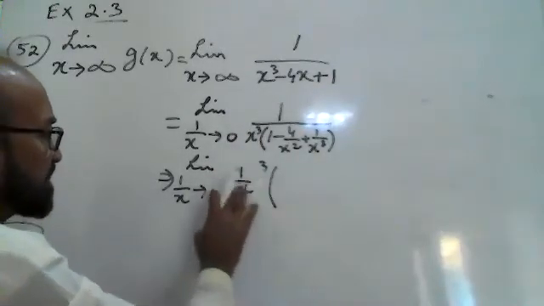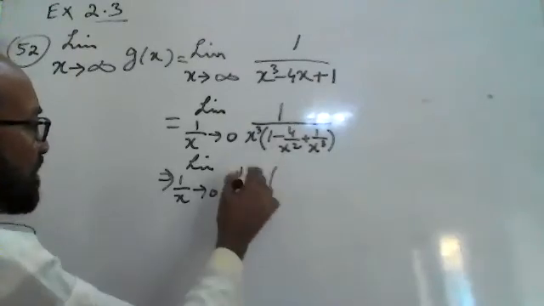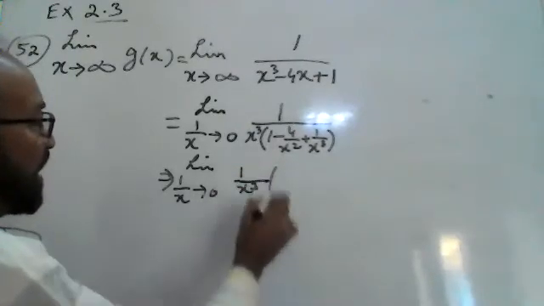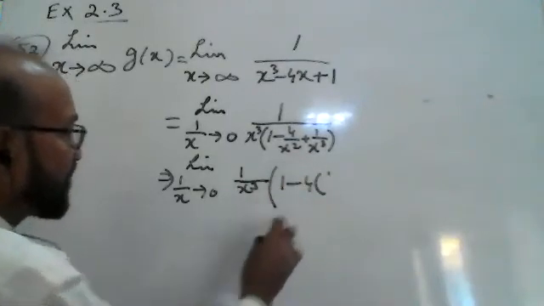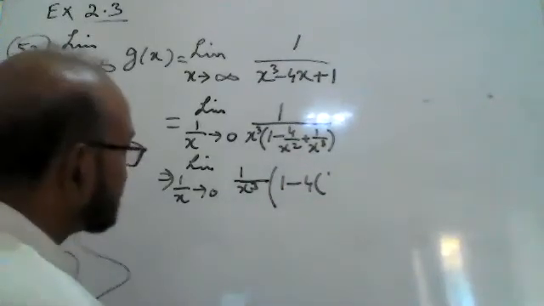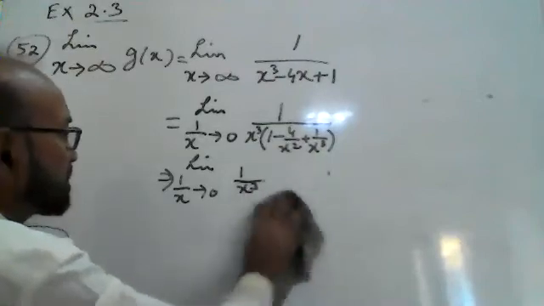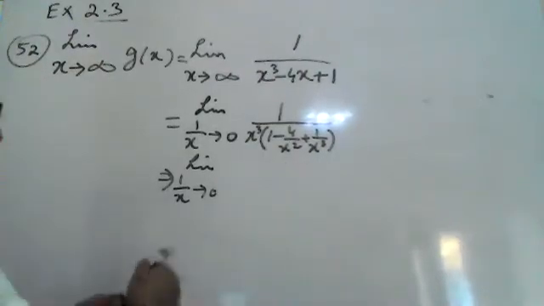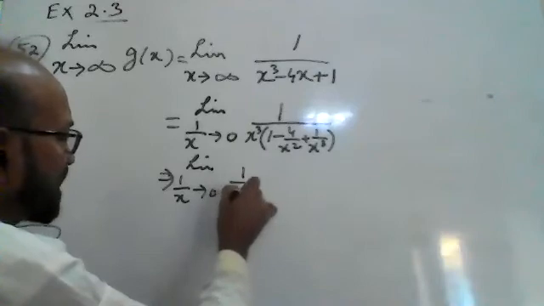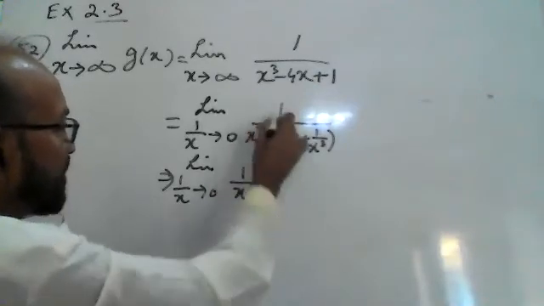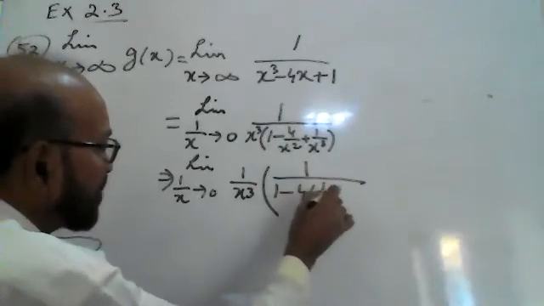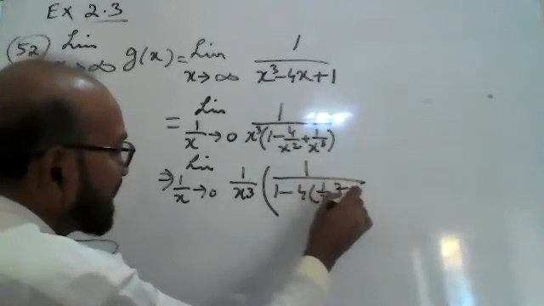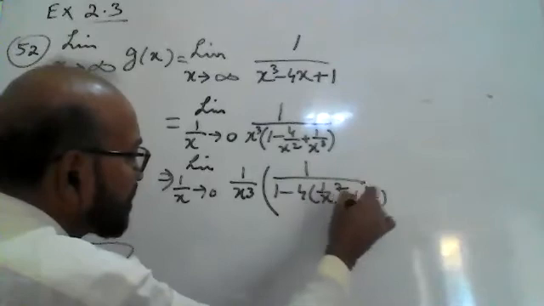So we take 1 over x cube common, and inside will be 1 minus 4 into 1 over x square plus 1 over x cube.